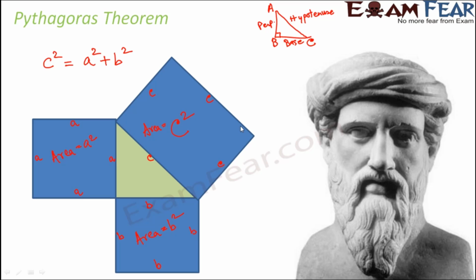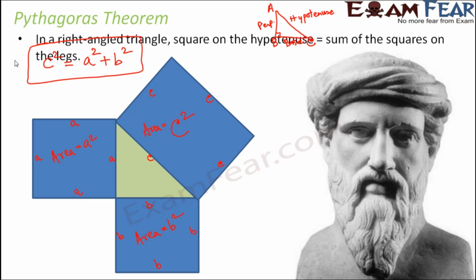We will see how we can rearrange triangles and prove that C square is equal to A square plus B square, that is, hypotenuse square is equal to square of the base plus square of the perpendicular. So as per Pythagoras theorem, in a right-angled triangle, the square of the hypotenuse is equal to the sum of the squares on the legs. Legs would mean the base and the perpendicular.